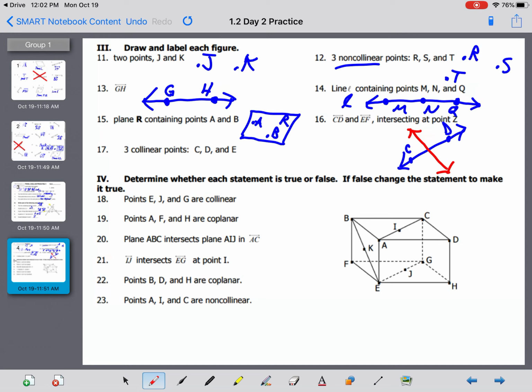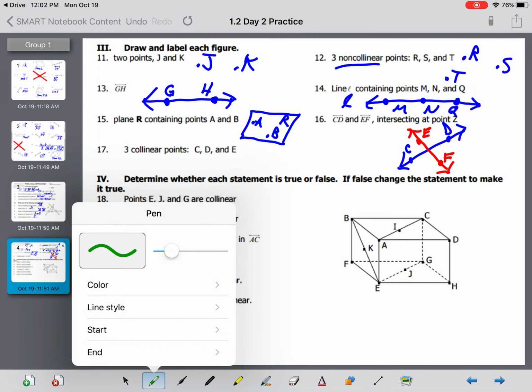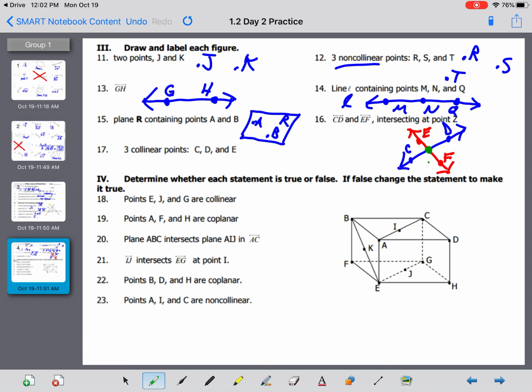Here's line EF, and they intersect at point Z, which is where they cross.